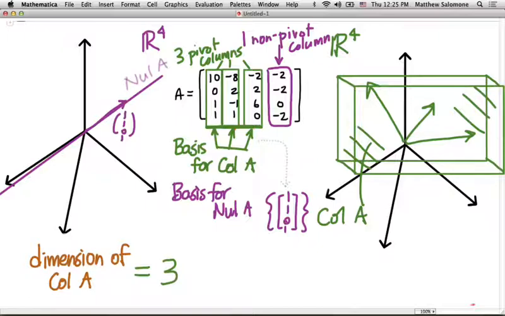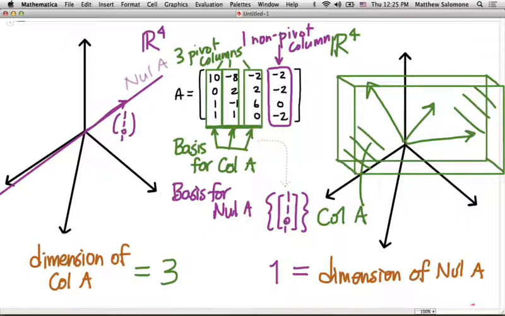And likewise, the dimension of the null space of A, that was the number of vectors in its basis. Sorry. That's 1.